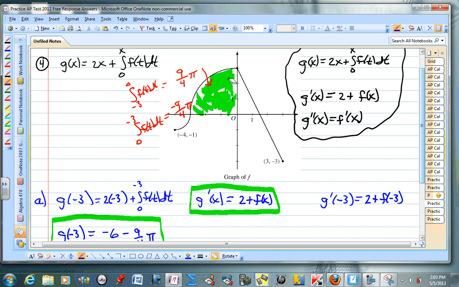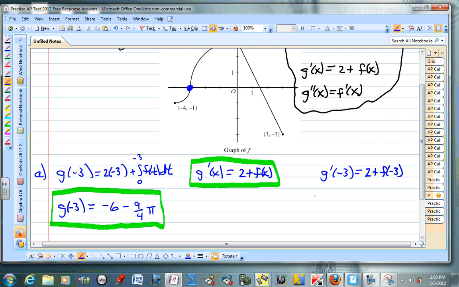Okay, well, here we go. Let's go back to the graph and look at f of negative 3. Looks like f of negative 3 is 0. So we're going to call this 2 plus 0, which is 2. So g prime of negative 3 equals 2.